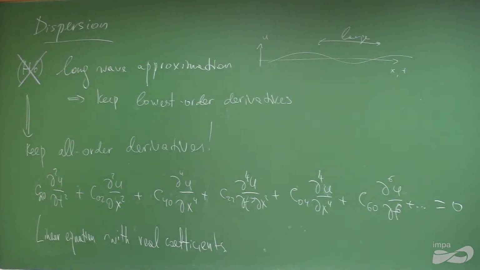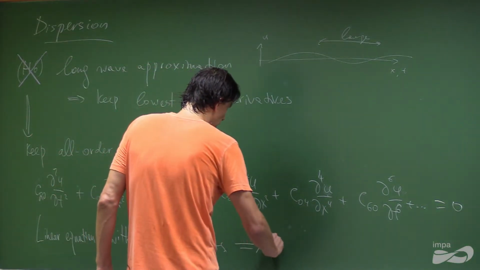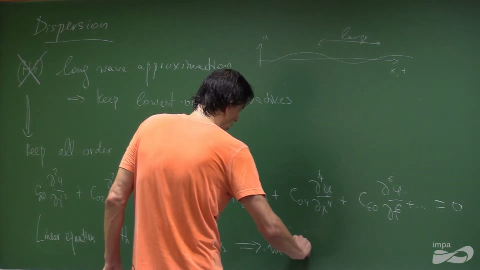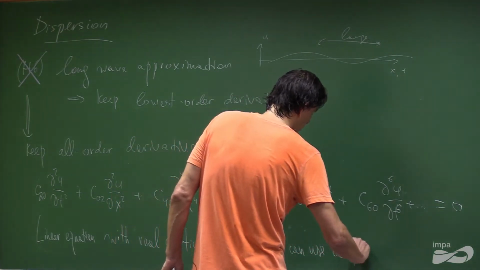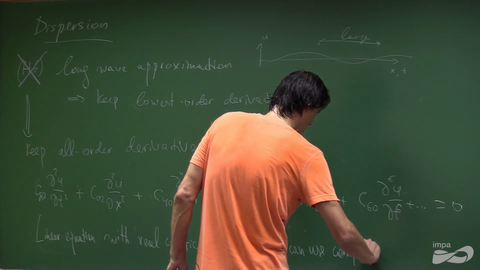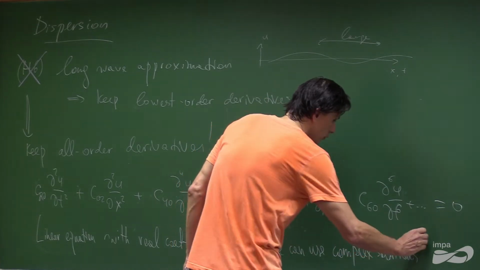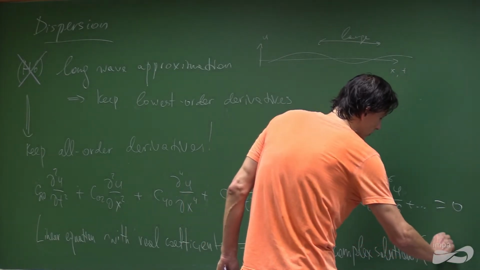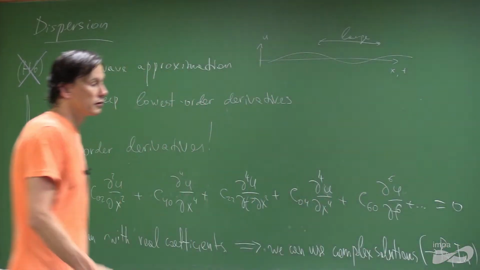And remember, whenever we have a linear equation with real coefficients, it always implies that we can use complex solutions, which immediately, by taking the real part and imaginary part, give us two different real solutions.